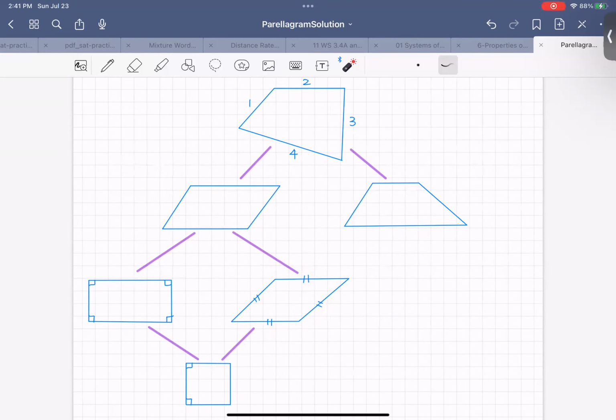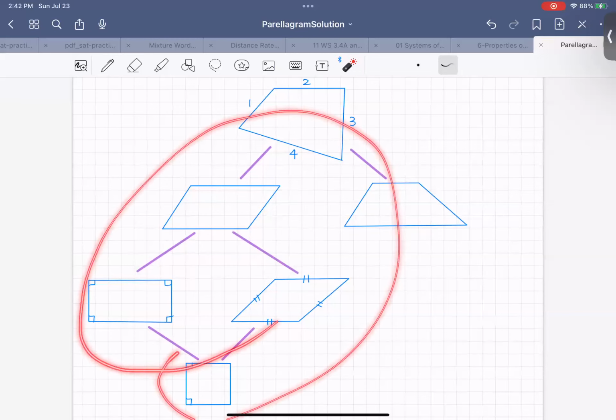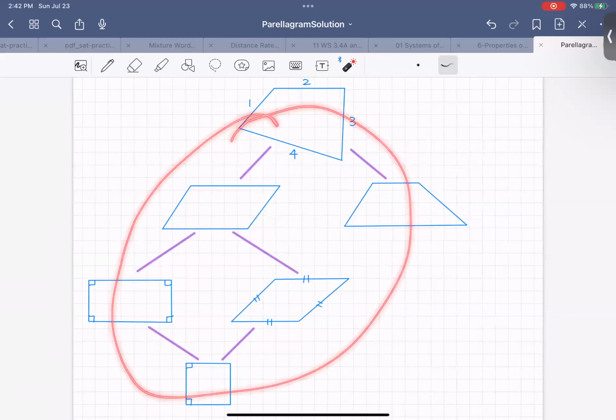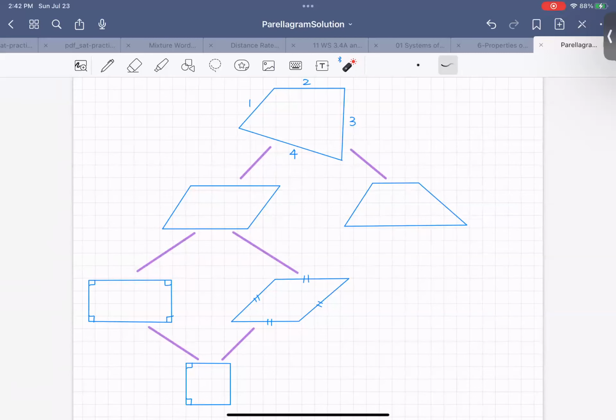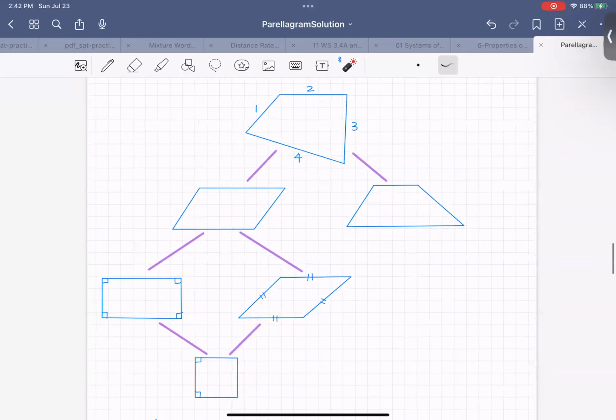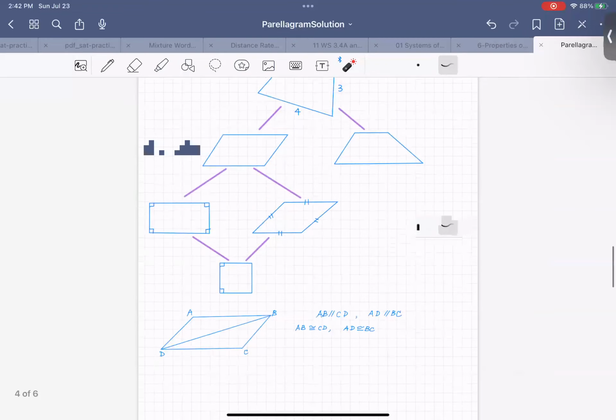And if you are both a rectangle and a rhombus at the same time, it's going to be a square. Make sense? Yes. So go ahead, draw this. This is something interesting.